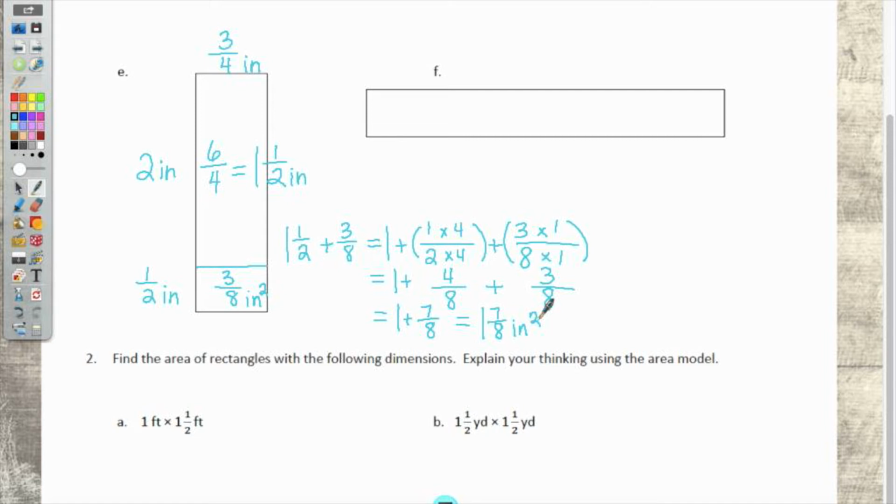All right, so let's measure F. Beverly, tell me what the length is that's going across the top. It's going to be 3 and 3/4. 3 3/4?